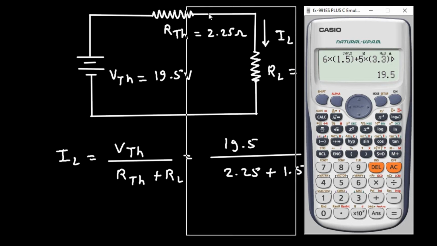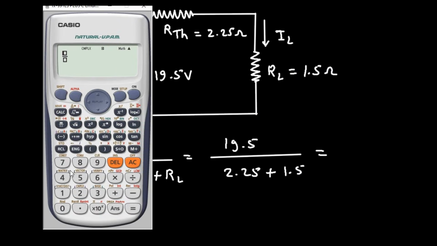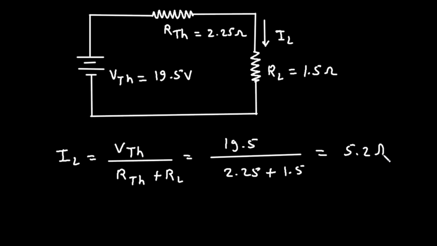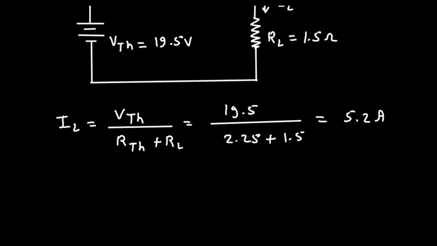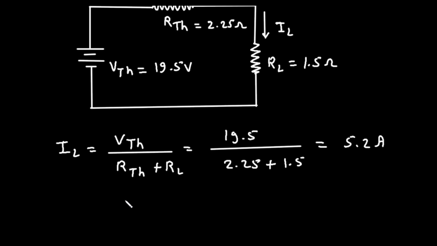So 19.5 divided by 2.25 plus 1.5 is equal to 5.2 ampere. That means the current through this 1.5 ohm resistor is 5.2 ampere.